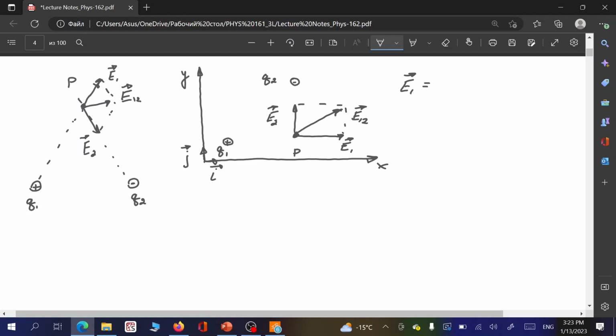Yes, it does, but once we determine this electric field vector, which is the resultant electric field vector created by both electric charges, then if you pick up any charge and place it at this point P, we will exactly know the magnitude and orientation of the electric force which will act on this charge. But that will happen only if we put here an electric charge. So far we are talking only about the electric field.